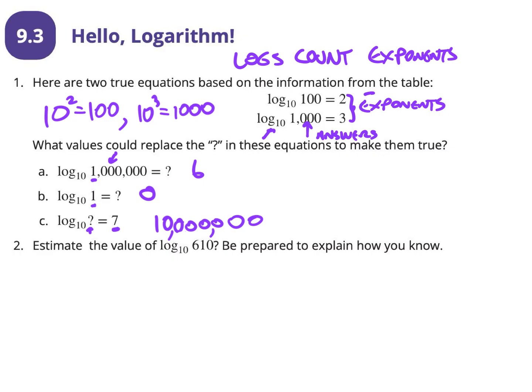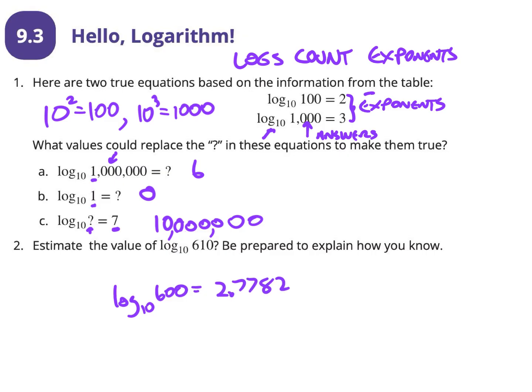Okay. Estimate the value of log base 10 of 610. Go back up to the table. Look for 600. I don't know if 610 is going to be on there, but with the other log charts, they had every number, and we had to read through all those pages of charts. So log base 10 of 600 was 2.7782.